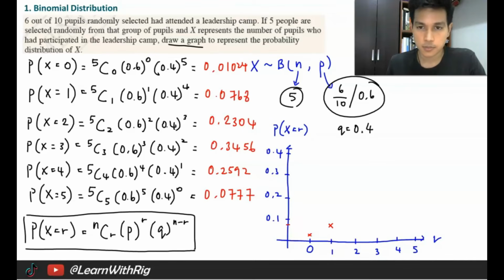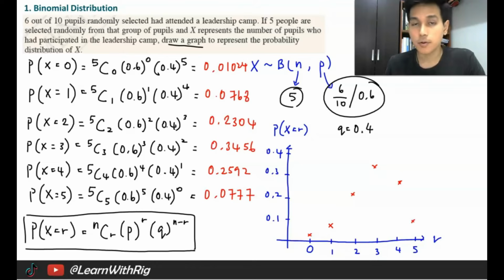So 0.07 may be somewhere here. Next, 0.23 could be somewhere here. 0.34. 0.25 or 26, I can say. Somewhere here. 0.07 should be somewhere here.